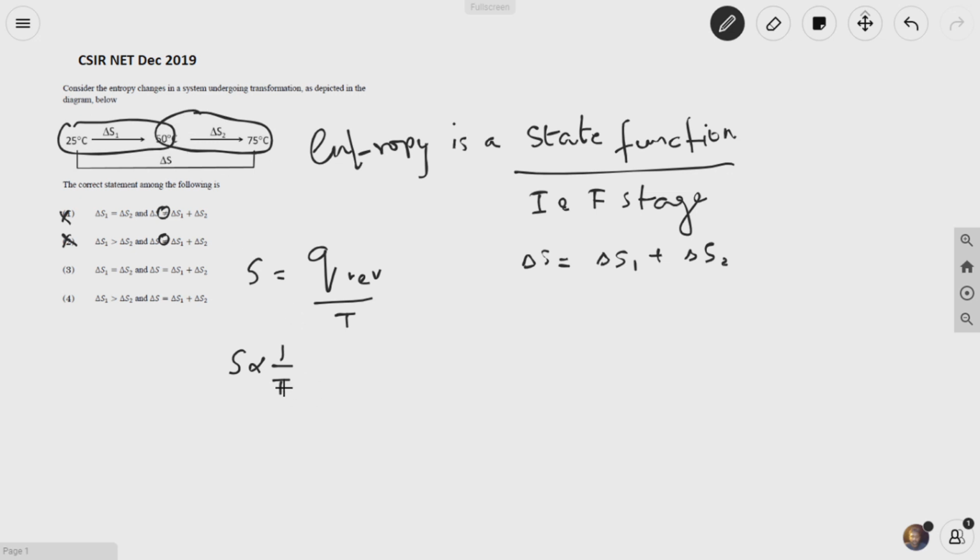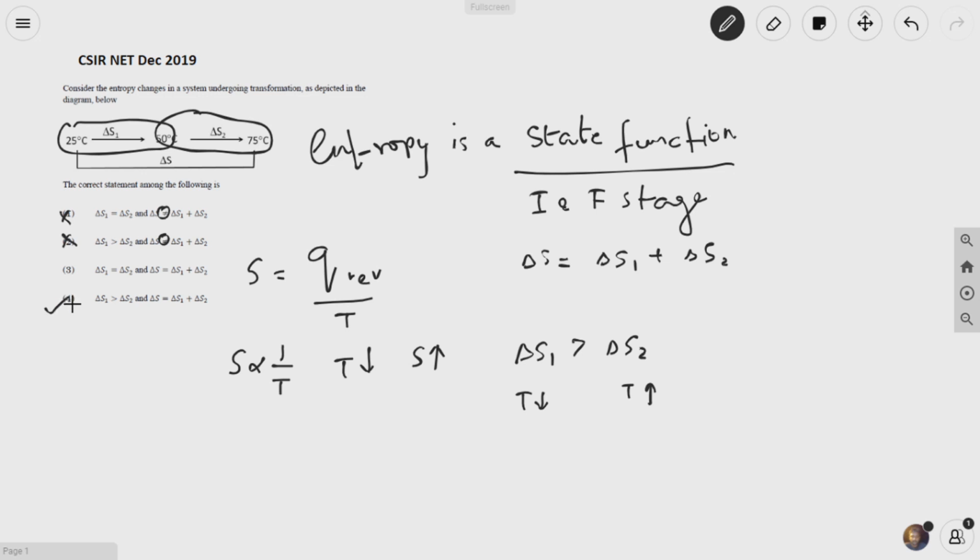So when the temperature is low, your entropy should be high. Therefore your delta S1 should be higher than delta S2, as the temperature here is low whereas the temperature here is high. So the right answer is option 4.